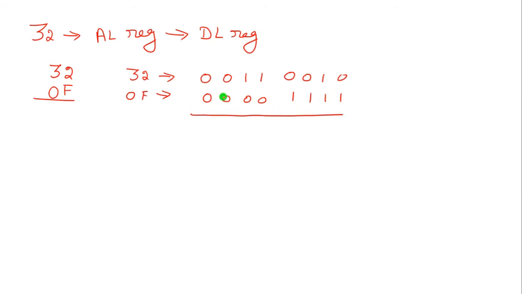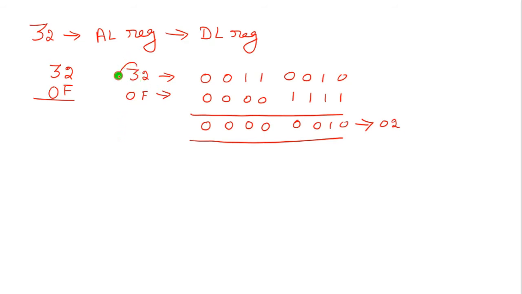What is the result? Performing the AND gate operation, the result is 0 0 0 0 0 0 1 0, that is 02. Okay, here we are performing the upper nibble masking.